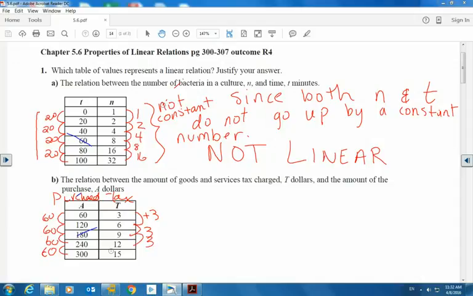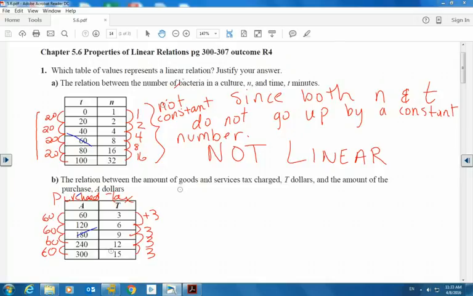I add another 3. And how about from 12 to 15? 3. Okay, so what can you tell me about the changes in A and the changes in T? They each go up by a constant number, right? So since the change in both variables is the same, or is constant, it is a linear relation.